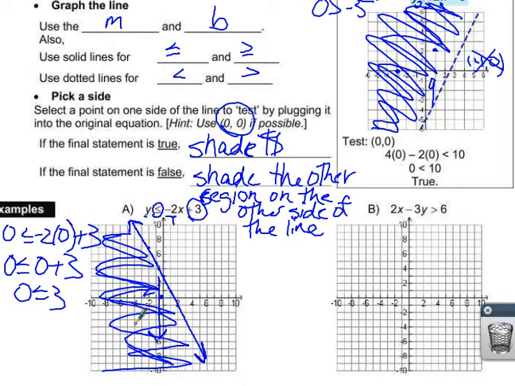All right. On this one, we need to change it to slope-intercept form real quickly. So we're going to move the x. We get negative 3y is greater than, the 2x comes over, it becomes negative, and then we have plus 6.